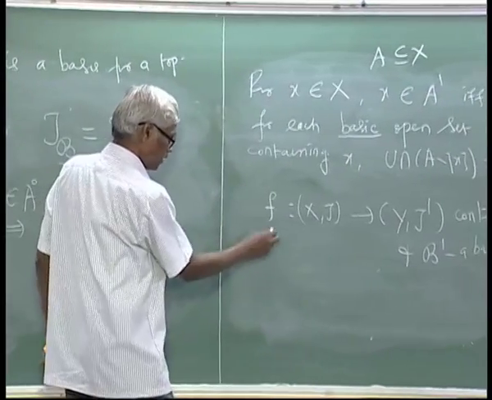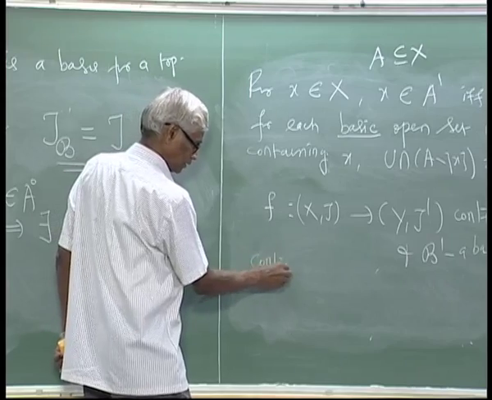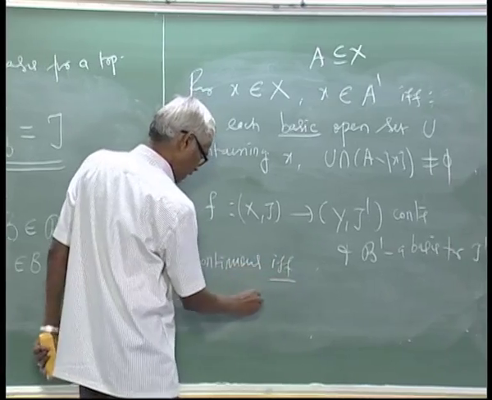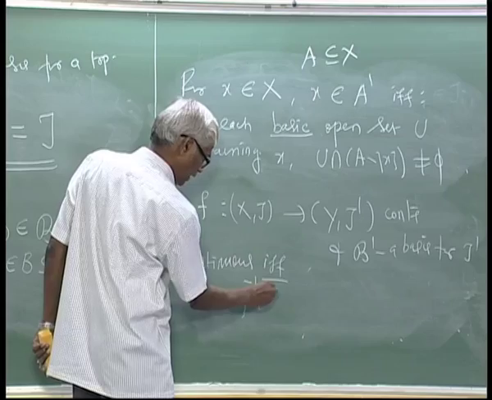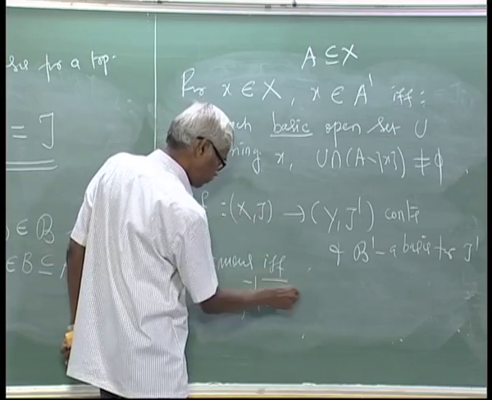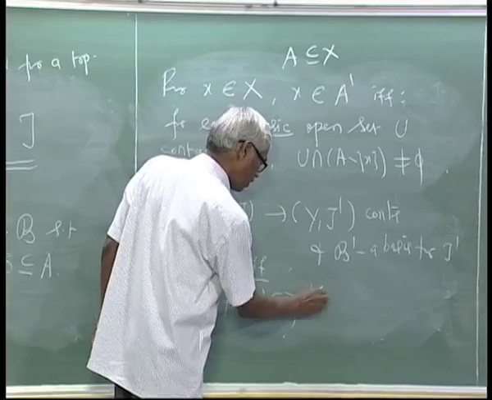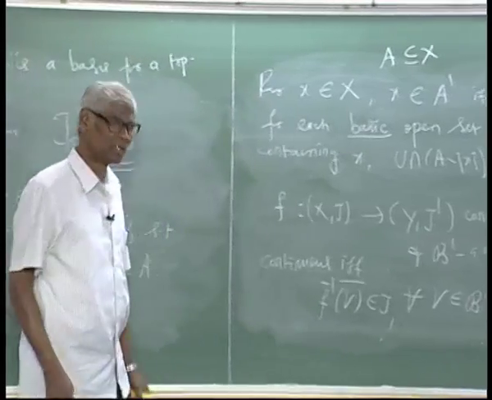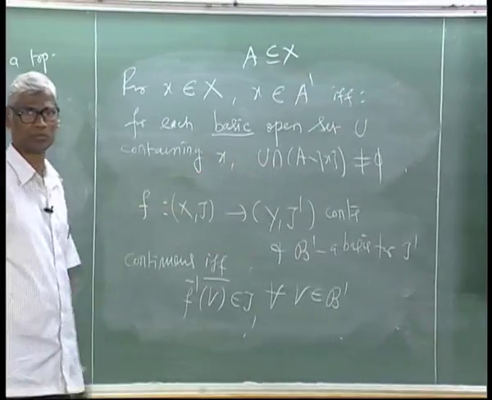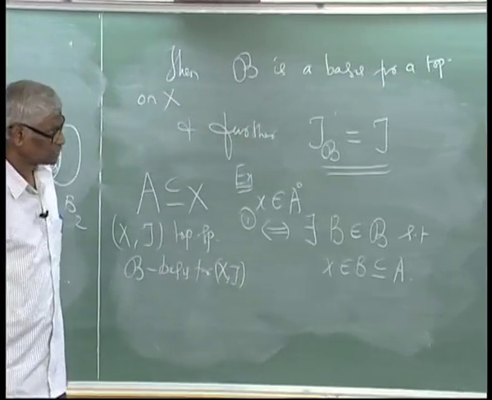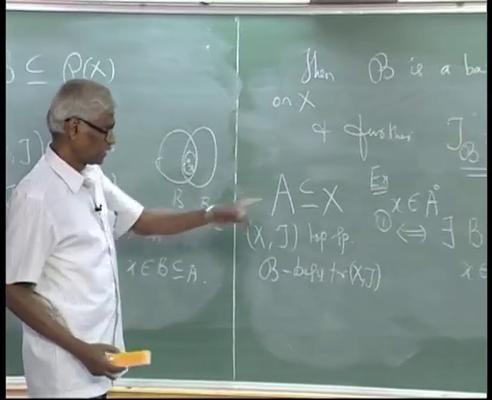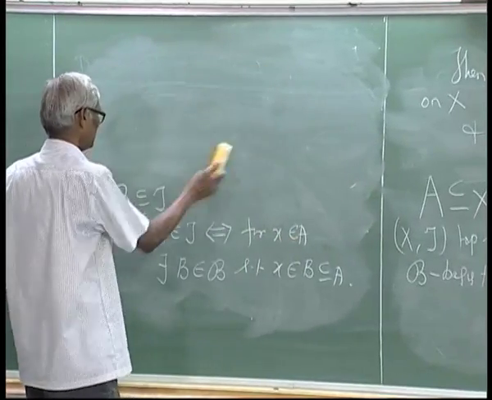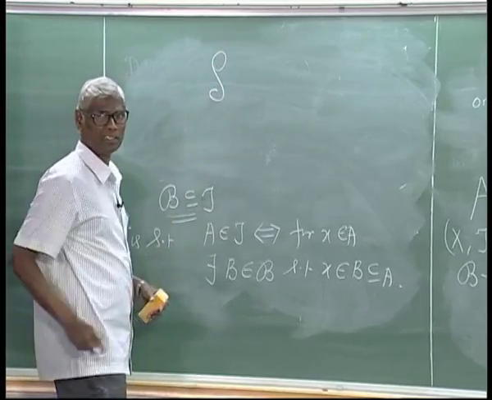Then F is continuous if and only if F inverse of V is open in the domain, that means it belongs to tau, for all V belonging to the basic open sets. Need not be, I mean, once we use this we can prove it is true for all open sets in Y.